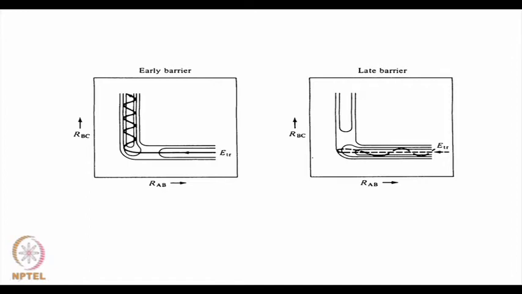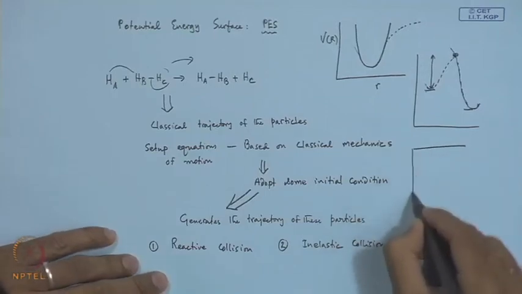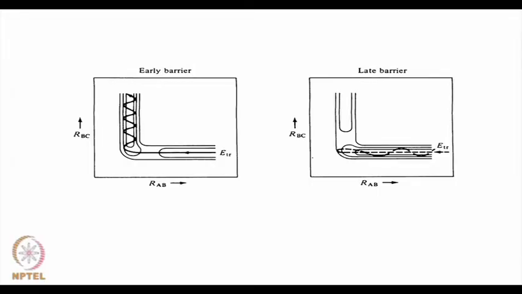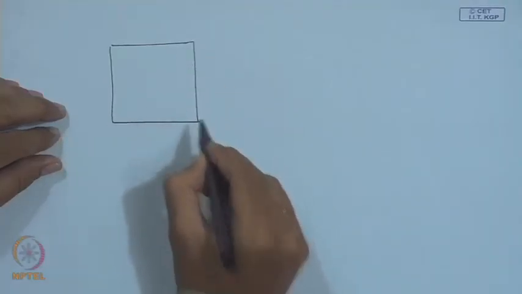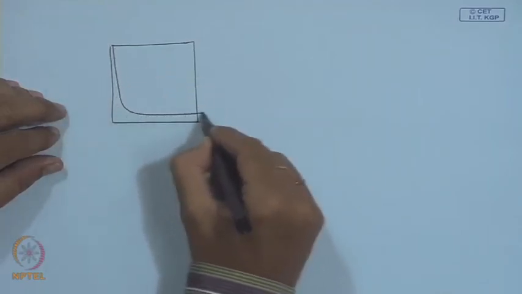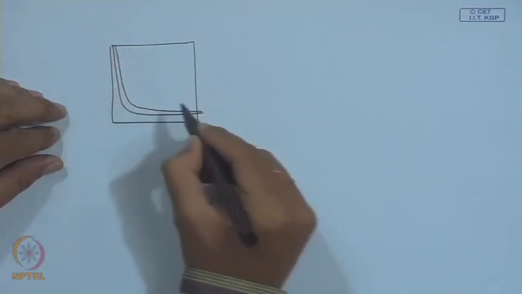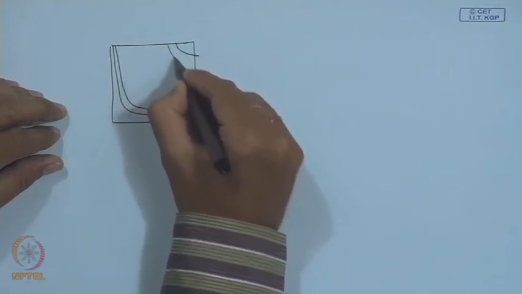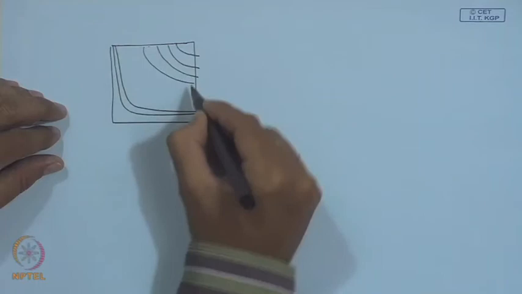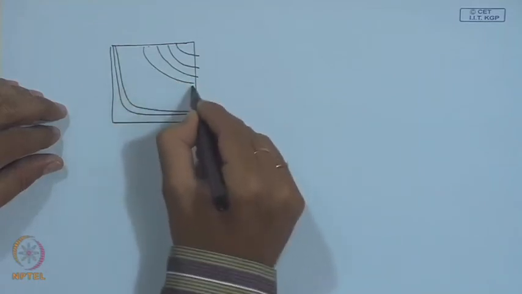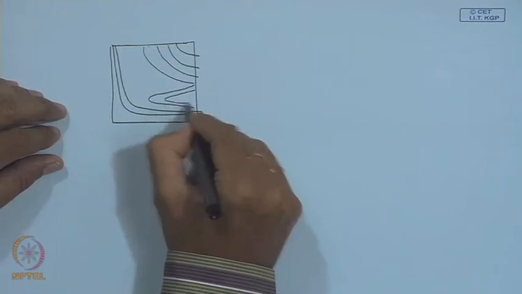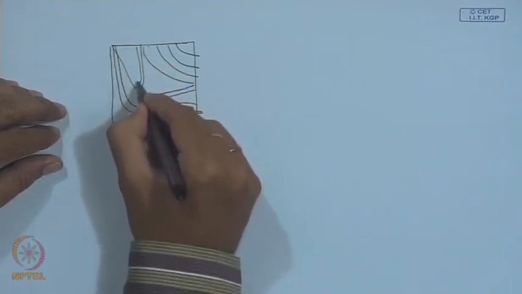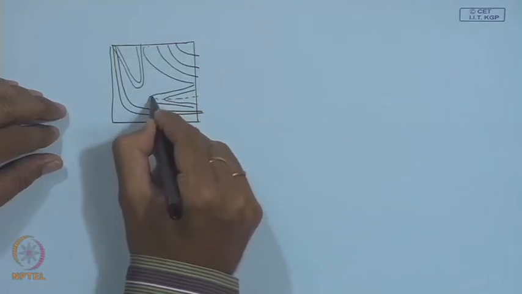Okay. But another point is, if it is an inelastic collision, compared with a reactive collision, for a reactive collision your potential energy surface, let us draw it over here. Okay. Maybe like this. Then maybe here. So, it proceeds this way.